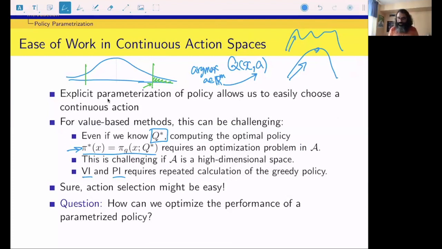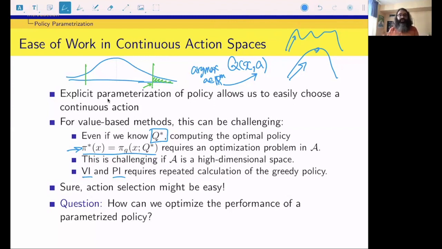All right. So this was about representation. In continuous action spaces, things can be easier to represent if we choose the policy class in some nice way. But of course, this is only about action selection. What about optimization? How can we optimize the performance of a policy when it is parameterized in some specific way?